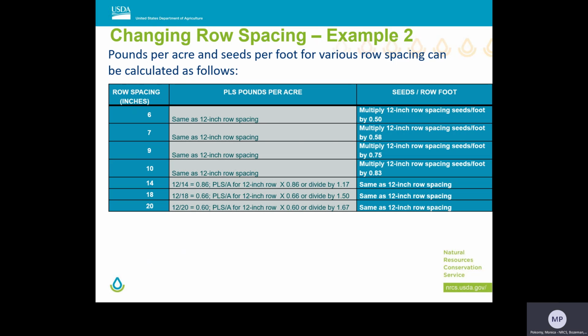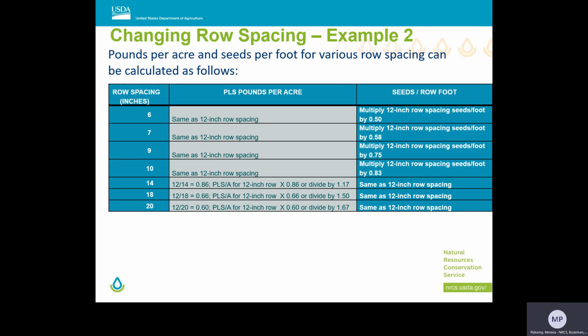In contrast, if you're going to be increasing your row spacing, the number of rows per acre is going to decrease. And as the row spacing increases above 12 inches, the number of seeds we plant per foot increases if we maintain the 12-inch row spacing rate.